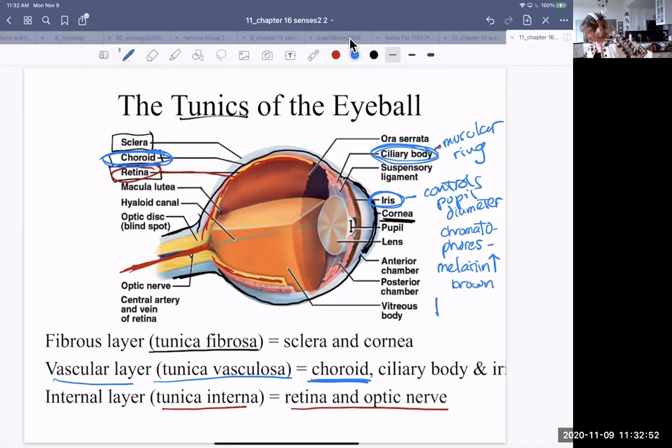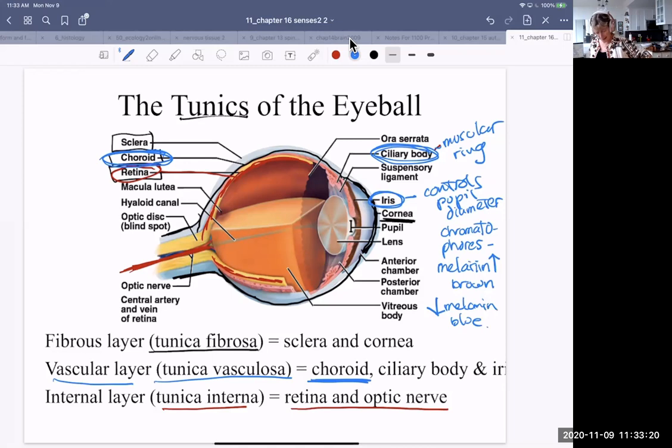If there's less melanin, the eyes are blue, and in between you get other combinations. And there are other factors contributing to eye color as well. So those, my friends, are the tunics of the eyeball.